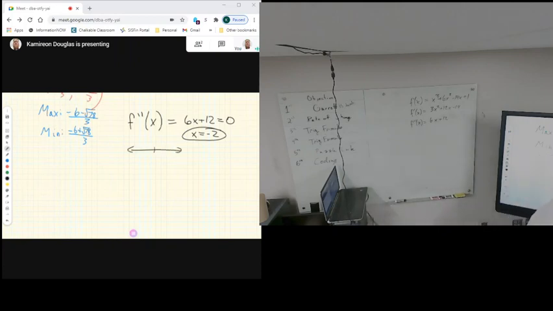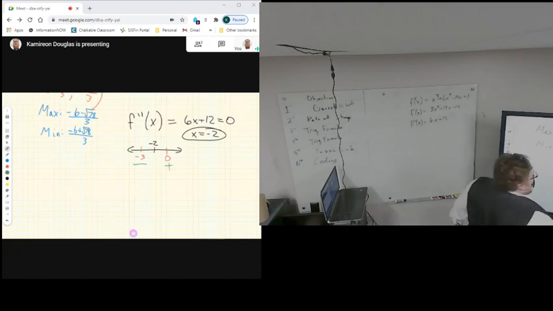Give me some values around -2. 0 and -3. Beautiful. Plug them in. What do we get? Negative, and then positive. Beautiful. So where am I concave up?